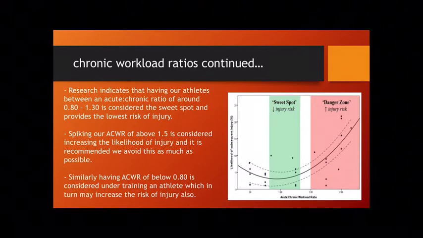So if we go out on a Monday or Tuesday and just go mad and train our athletes as hard as we can for 2 weeks, we might not see an injury within those 2 weeks, but down the line, week 3, week 4 and week 5, we could potentially see our players starting to get injured and pick up wee niggles and sprains and stuff that might keep them from performing to their highest ability. Okay, so just be wary of that. Spiking our training loads massively can still increase the risk of injury.